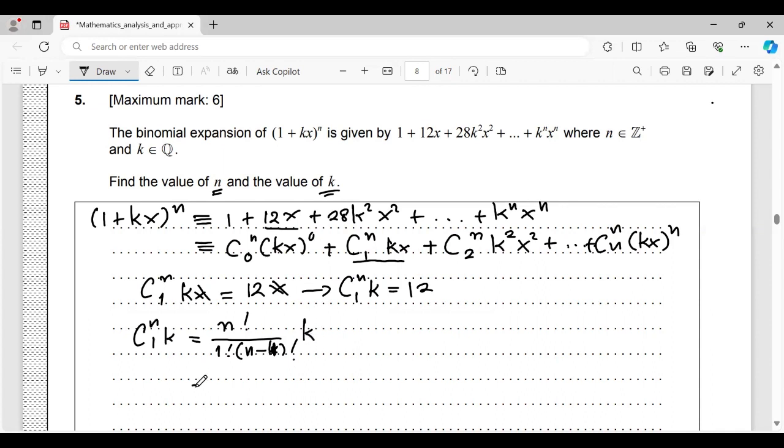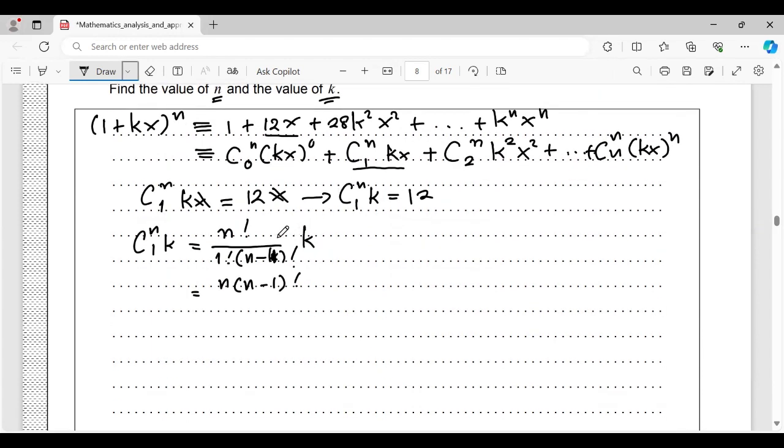So it will be n times n minus 1 factorial over 1 times n minus 1 factorial, times k.